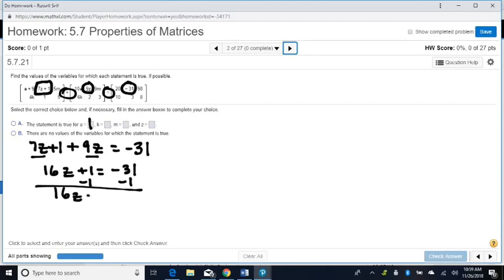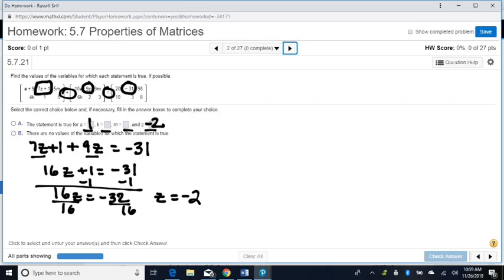Gives me 16z equals negative 32. Divide by 16 to get the answer of z equals negative 2. Okay? Now, there's z. So don't put it in where the k is. They solved them in a different order than I did, but it makes no difference. As long as you're getting your component parts from the right spot, and then you put them in the right spots in there, then you're good to go.